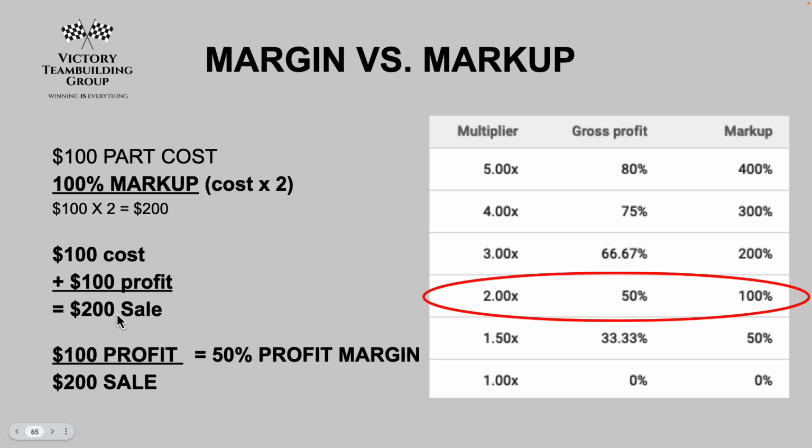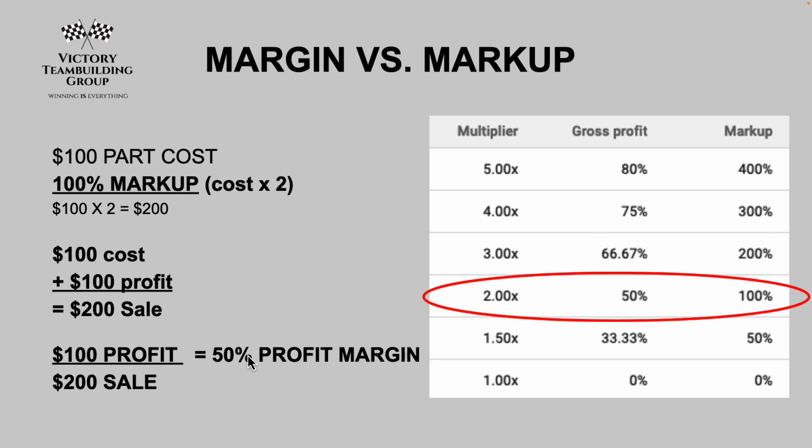Like the example I just gave you, to get to profit margin, you take profit divided by sale. That's going to give us a percentage. Remember, margin is percentage. So $100 profit divided by $200 sale is a 50% profit margin.